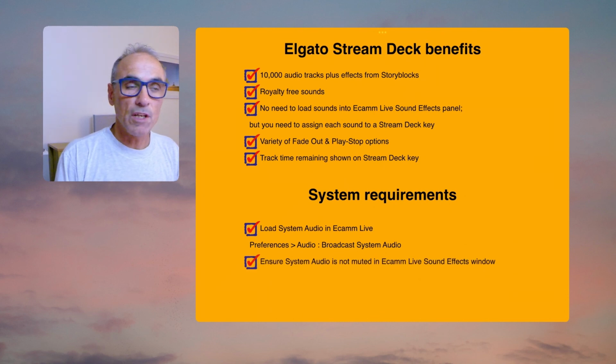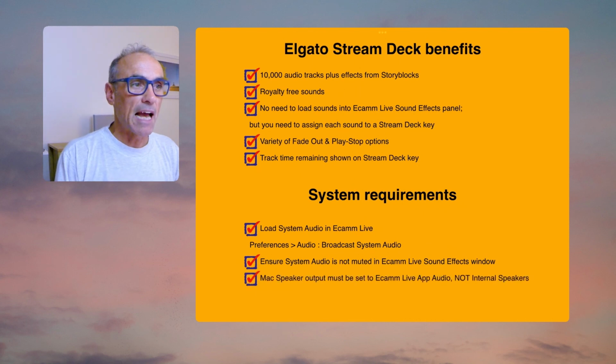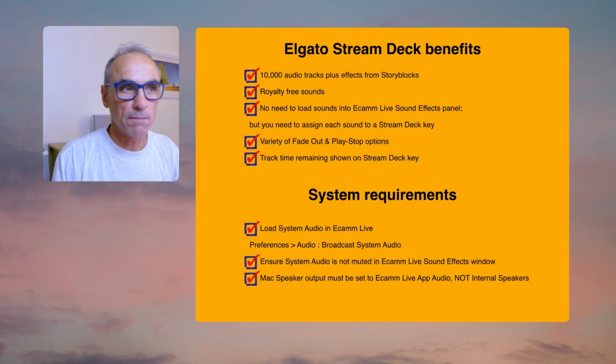You need to ensure that your system audio is not muted in the Ecamm Live sound effects window, else people won't hear your music that you're playing from there. And the other thing that will stop people hearing the music is if your Mac speaker output is set to internal speakers, you must go to the Ecamm Live app audio option, okay, to hear that music.